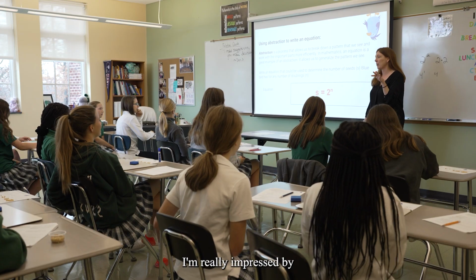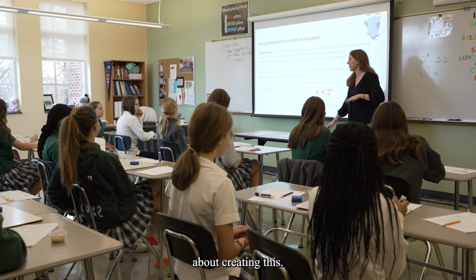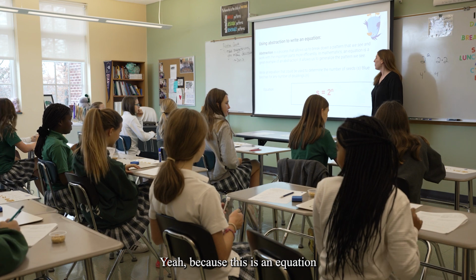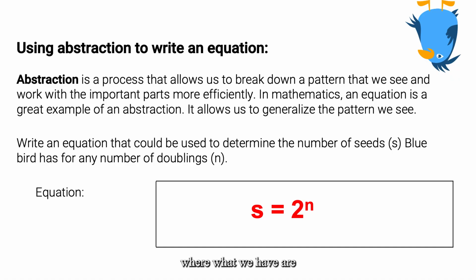I'm really impressed by the conversations that I heard about creating this. Is this what we all landed on? Yeah, because this is an equation where we have variables to represent the 2 things that can change, right? The number of doublings can change, and when it does, it's going to affect the total number of seeds. The 2 doesn't change because what does the 2 represent?